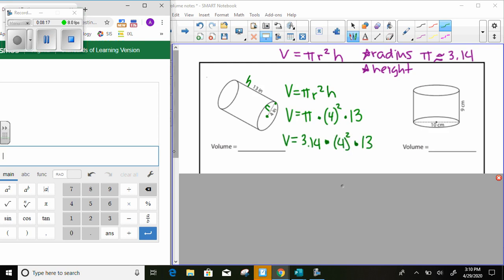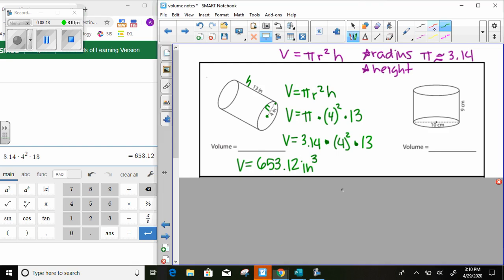So over here, I'm going to type this in my Desmos calculator, 3.14 times 4. To get the squared button, it's this one right here, 4 squared, times 13 as my height. And right here is the volume that you're going to be getting for your figure. So the volume of this total figure is 653.12 inches cubed.